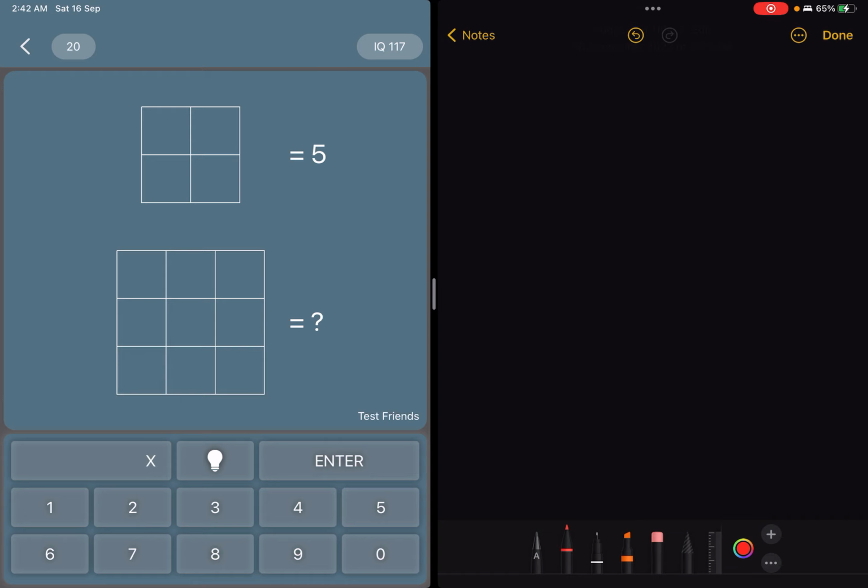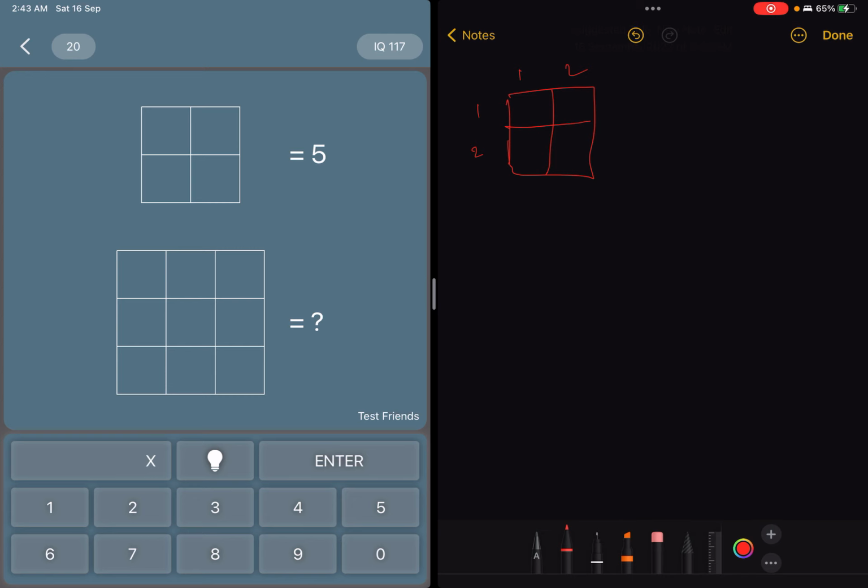So what is the trick? It's very straightforward. Let's calculate it for the simple one first. Here we can see the number of squares on both sides is the same, 1 and 2.